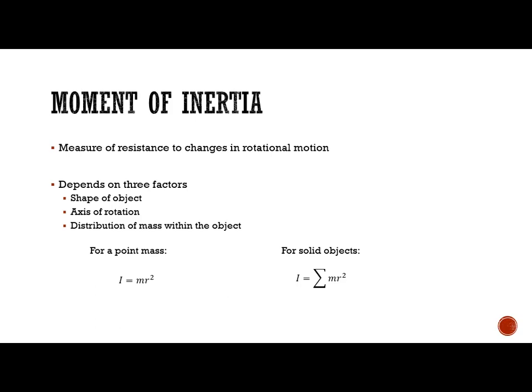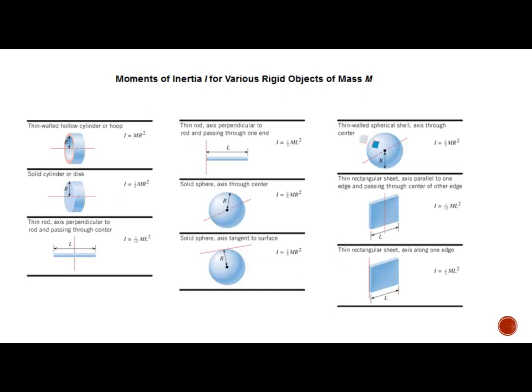For solid objects, it becomes a little bit more complicated, because what we need to do for a solid object is break it up into individual particles of mass, do m r squared, the mass times the distance between that point of mass and the axis of rotation squared, and then add all those up. Luckily for us, that calculation becomes easy for some set of objects.